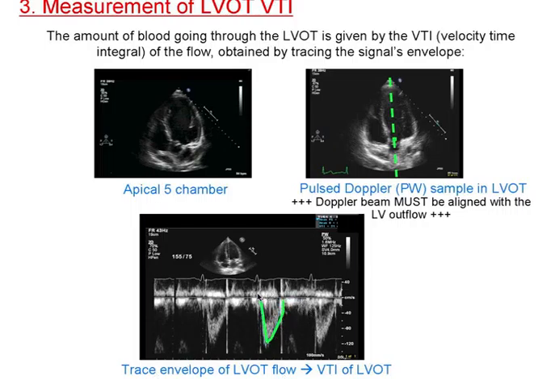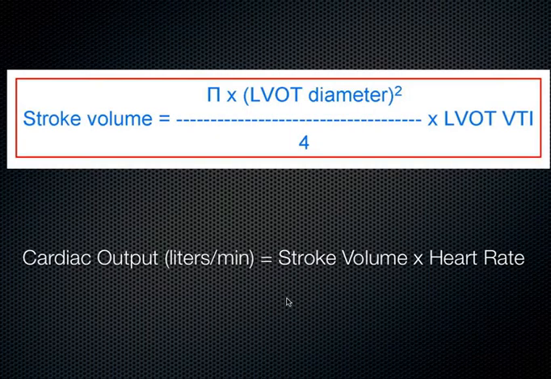And then you can manually trace this envelope of flow, or the computer actually does it for you automatically. And so once it has that LVOT diameter which you measured, it squares it times pi divided by 4, and then it multiplies it by the velocity time integral, or that envelope.